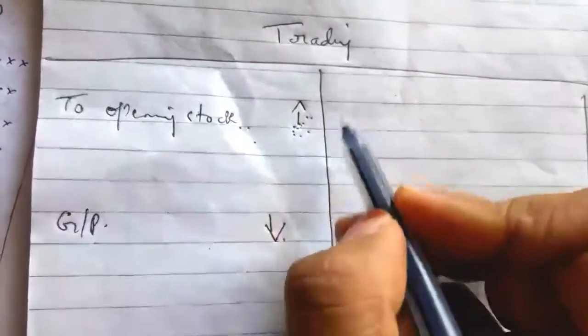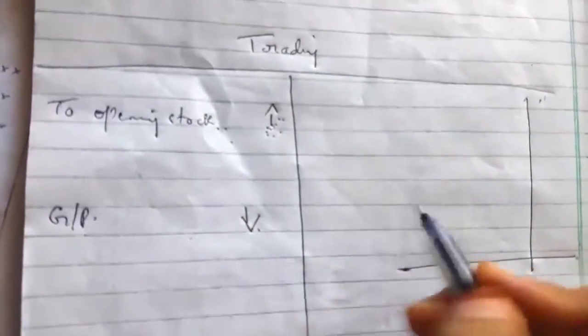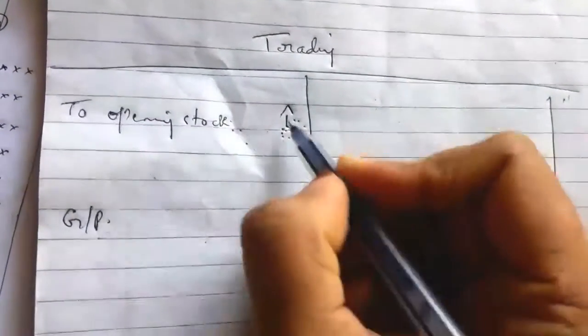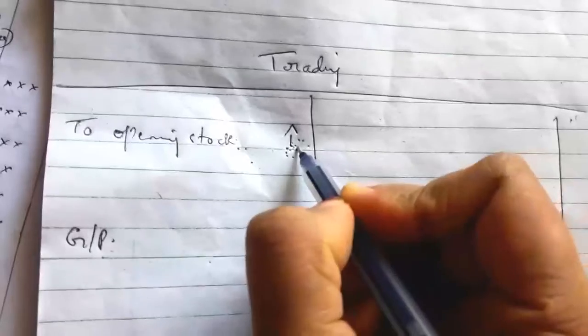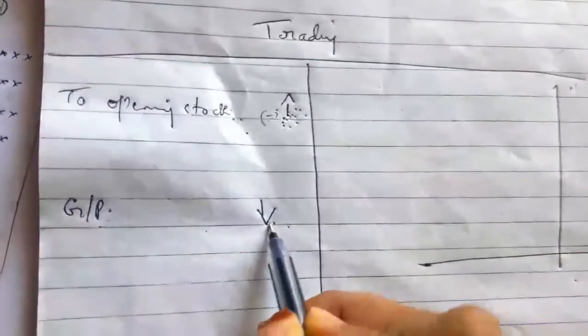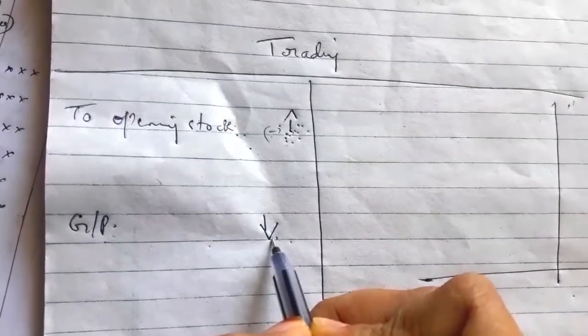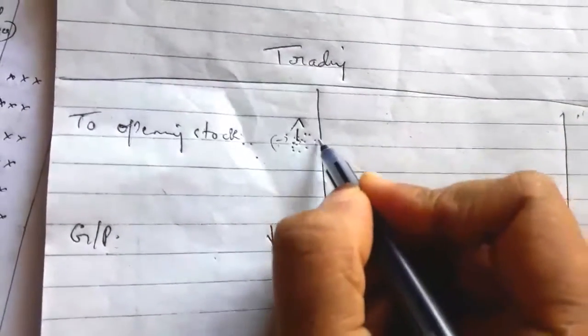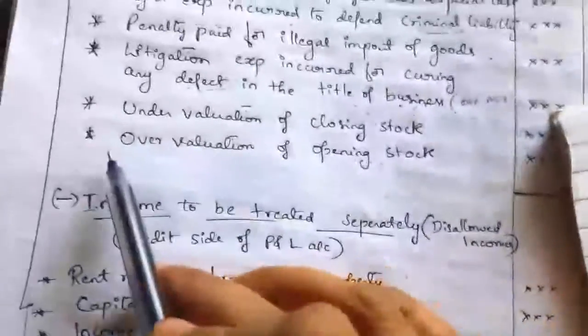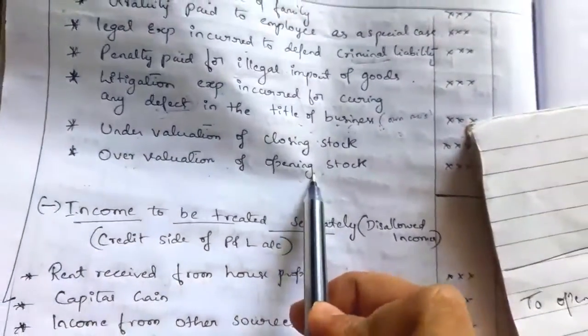How to cancel? We have deducted more opening stock to arrive at gross profit. In order to cancel this, we have to add the overvaluation of opening stock.